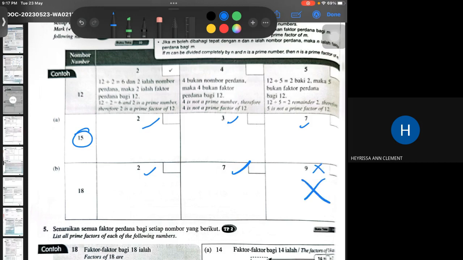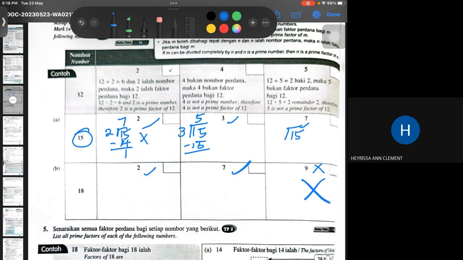This one automatically cannot be a prime factor. And then you check whether 15 can be divided by 12. You will get the balance. That means this one is not a prime factor. This one is a prime factor. So 3 is a prime factor for this number.